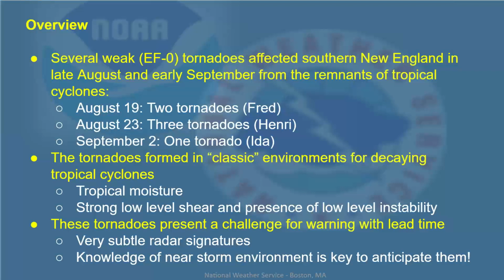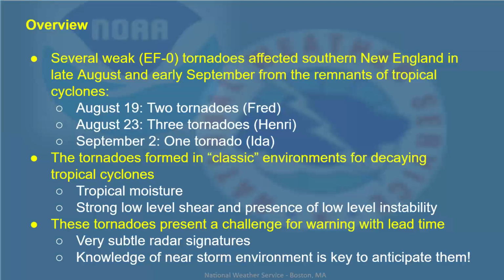Now for us, these are probably the hardest tornadoes to actually warn on with any lead time. The radar signatures, as you'll see, are very subtle, especially for the ones with Henri. So what I really tell our staff is we have to be aware a day or two ahead of time of what the environment is going to look like, and anticipation is really key.